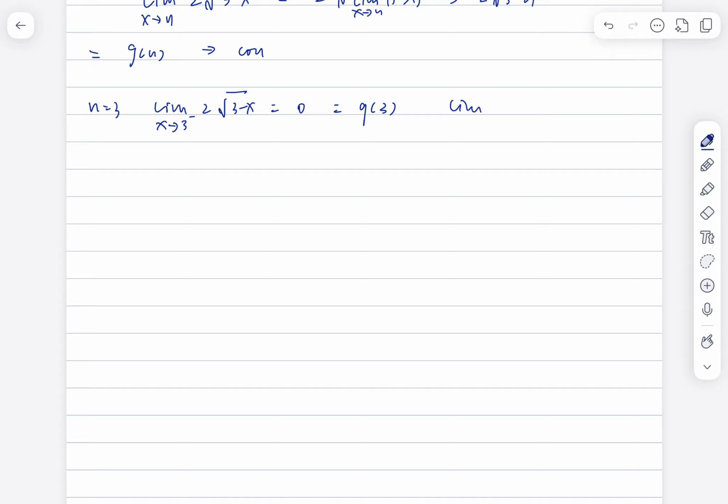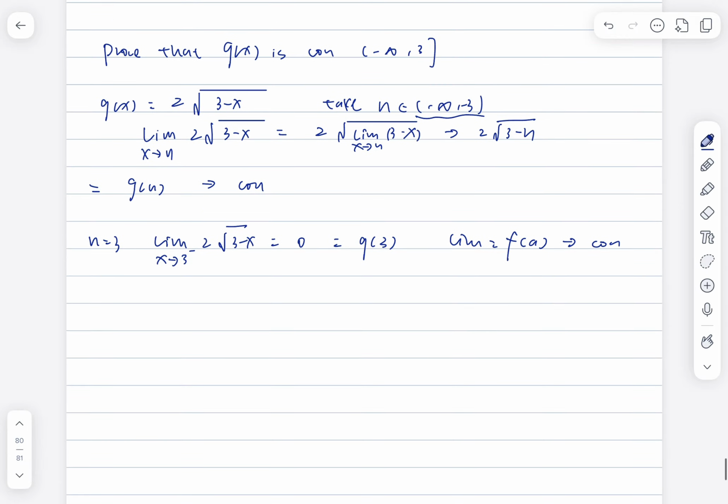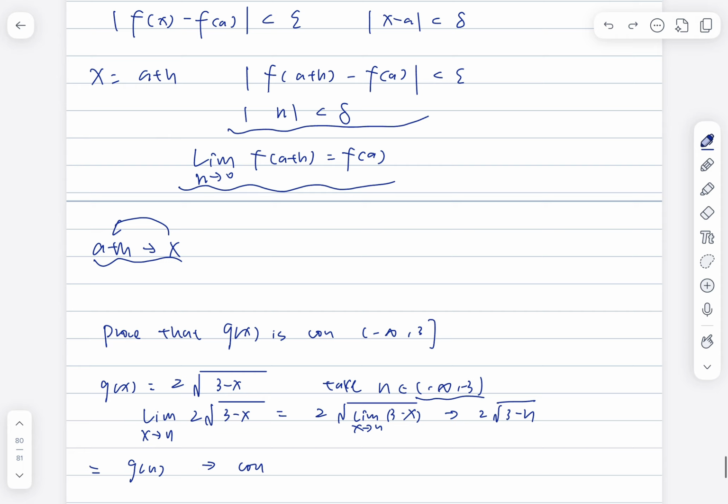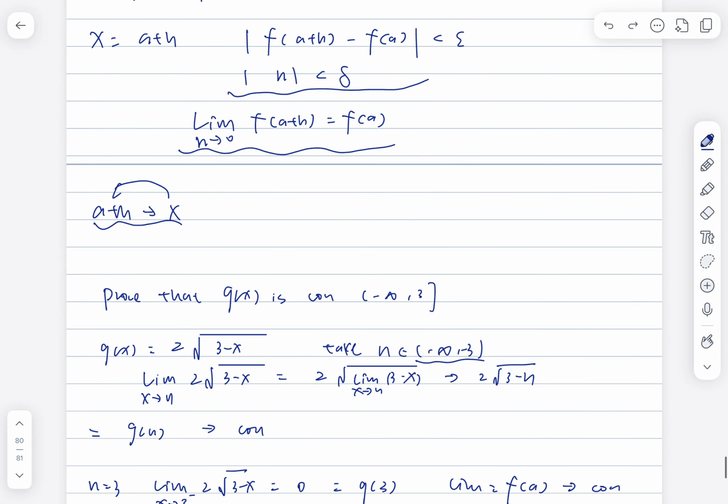So the limit is equal to f(a), so it's continuous. This gives you a hint that for an interval like this, you need to treat it as a special case when it equals 3. And that's basically it for proving continuity using limits.